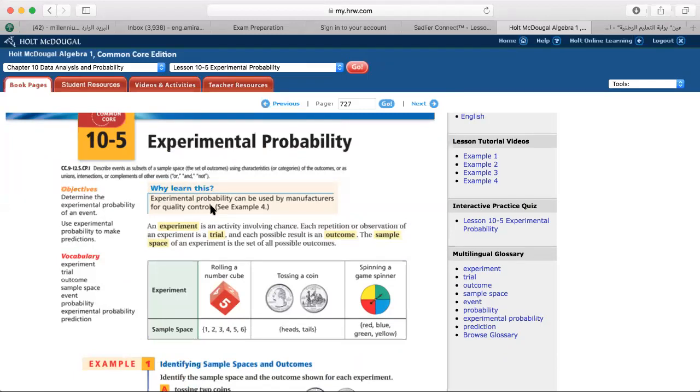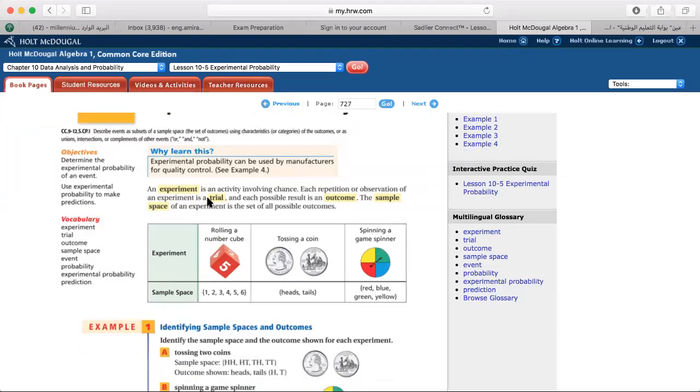Okay, so we will start with this: an experiment is an activity involving chance. Each repetition or observation of an experiment is a trial. So again, an experiment is an activity involving chance. Each repetition or observation of an experiment is a trial.